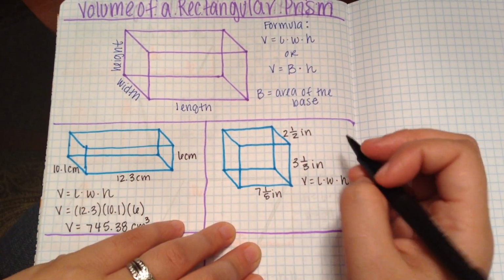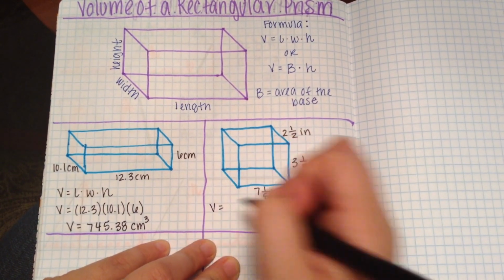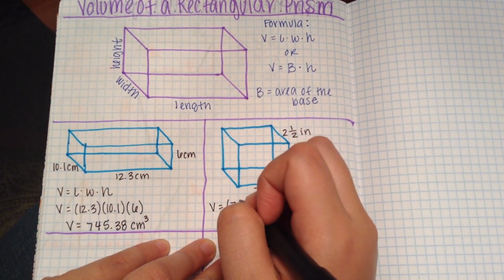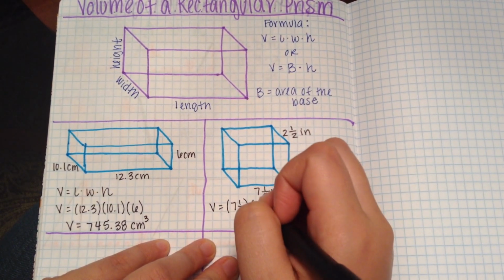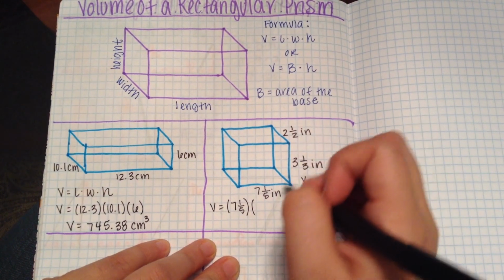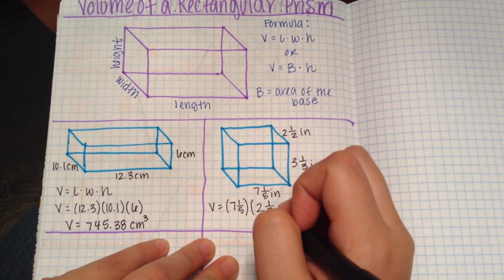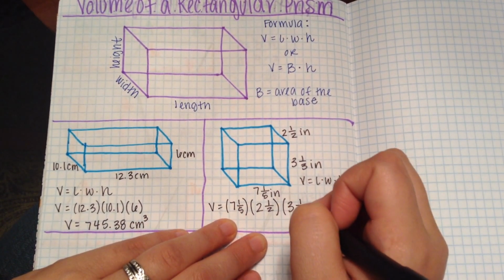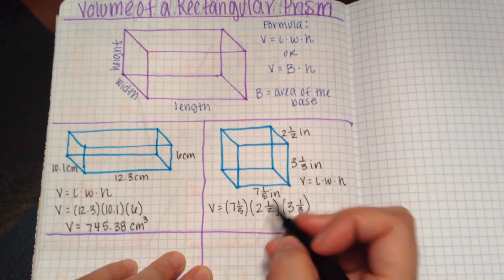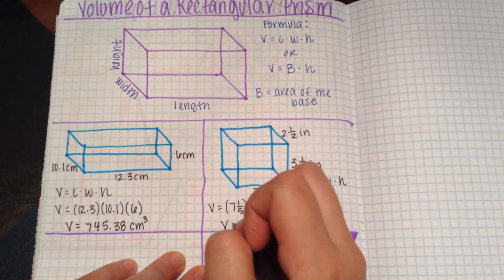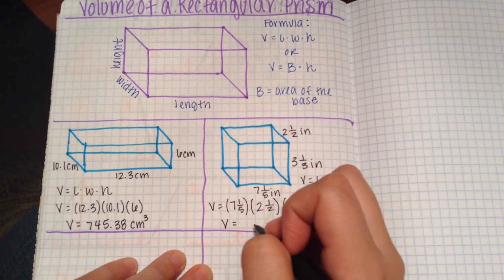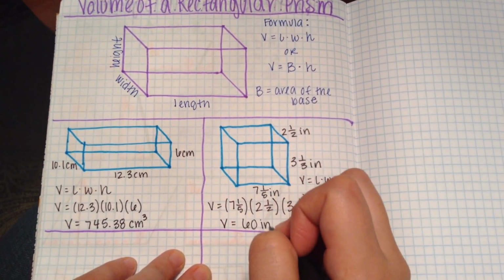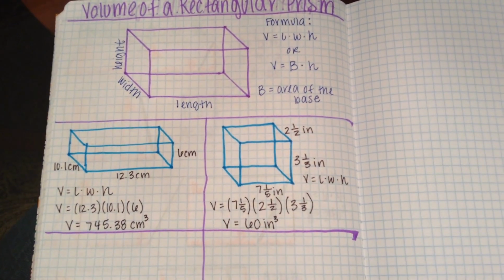So the length is 7 1/5 times, the width is actually 2 1/2 times 3 1/3. So if I multiply all that, I'm going to get 60 inches cubed.